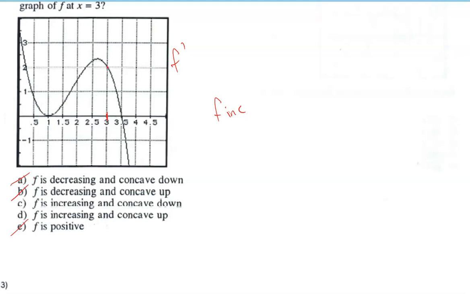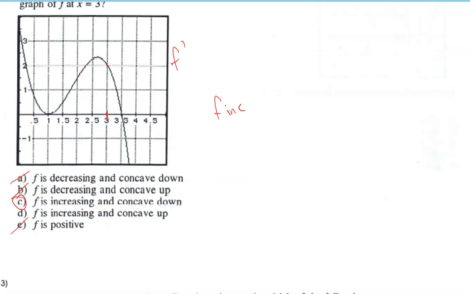And then for the graph of f to be concave up, f prime needs to be increasing. And for f to be concave down, f prime needs to be decreasing. Well, at this point right here, we are on a decreasing interval of f prime, meaning that f is concave down. So C is correct.